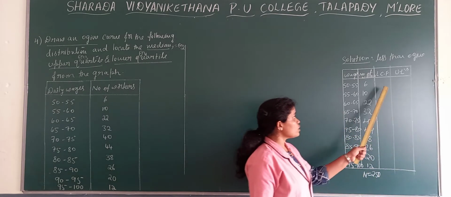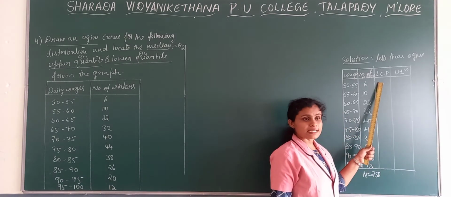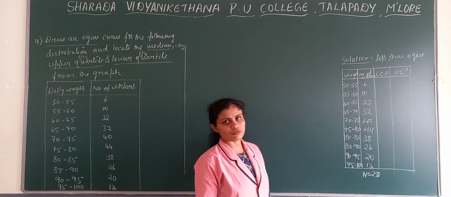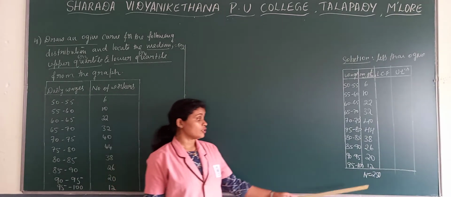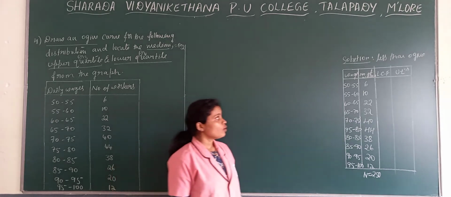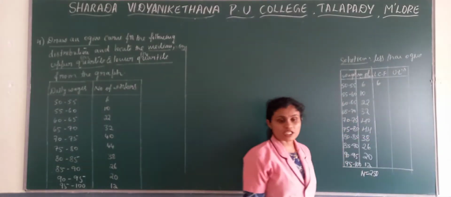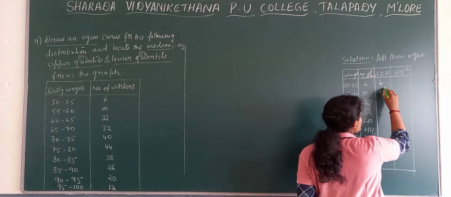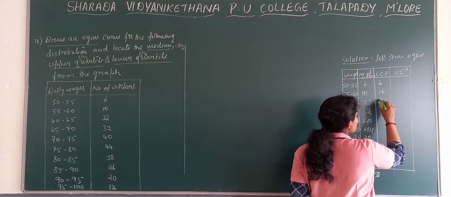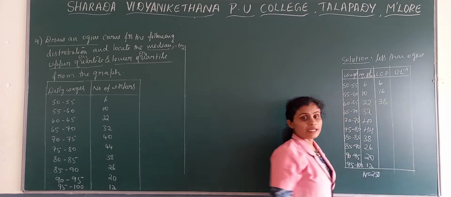Now, when you find the less than cumulative frequency, the last value of the less than cumulative frequency should be your n value. Now, find the less than cumulative frequency. 6 plus 10, 16, 16 plus 22, 38.